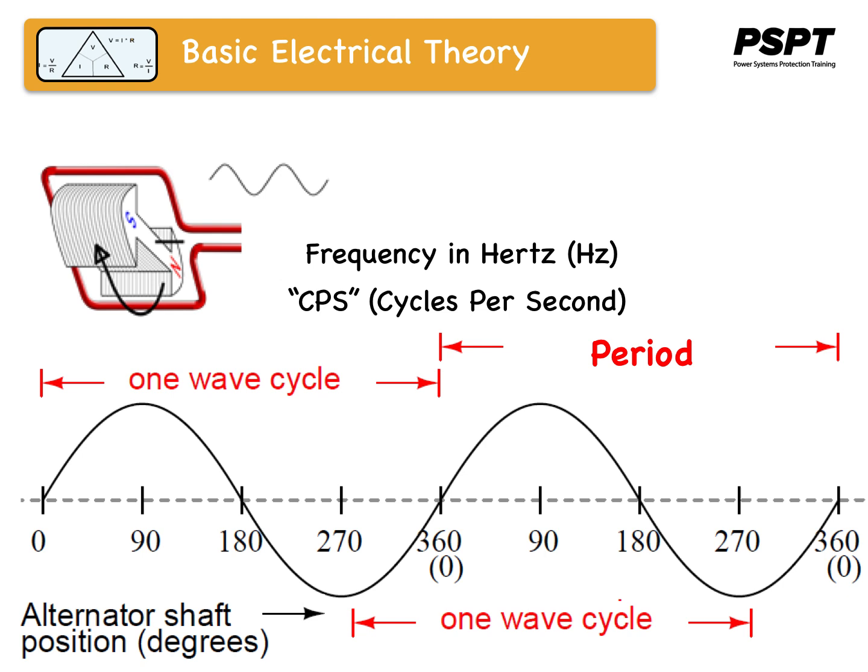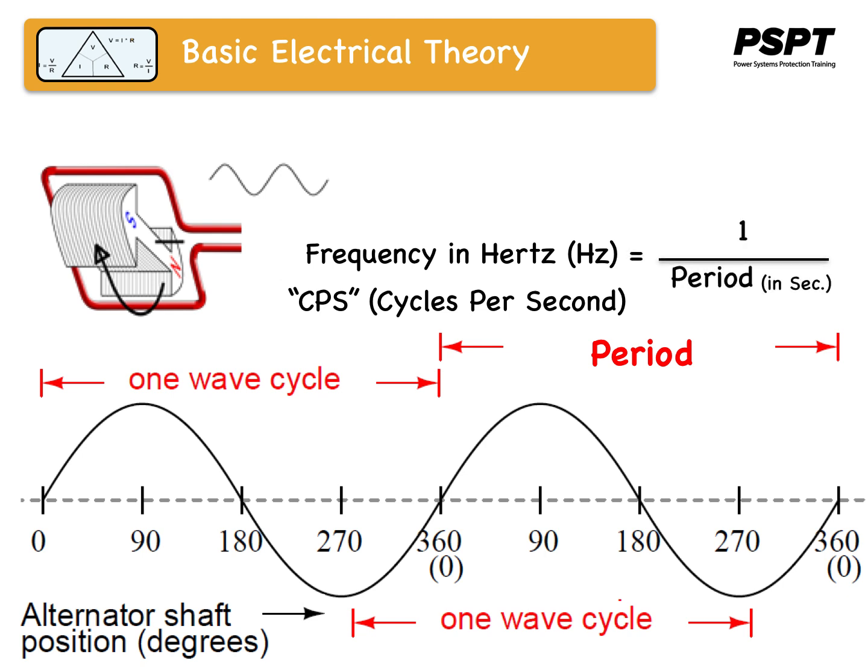Prior to the canonization of the Hertz unit, frequency was simply expressed as cycles per second. Older meters and electronic equipment often bore, or still bear, frequency units in CPS, or cycles per second, instead of Hertz.